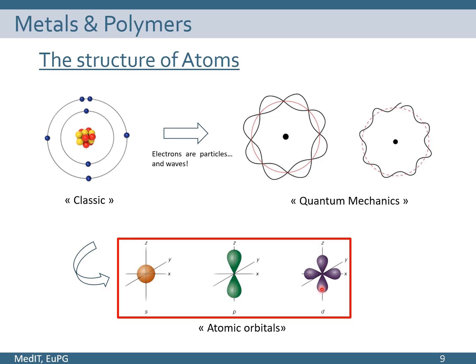Now pay attention. The lobes here of the second orbital, of the p orbital, they could also point along the x-axis and also along the y-axis. So we have three possible p orbitals with the same energy. We also have actually 5 possible d orbitals. Just trust me on this one. So in summary, electrons are described by probability waves.